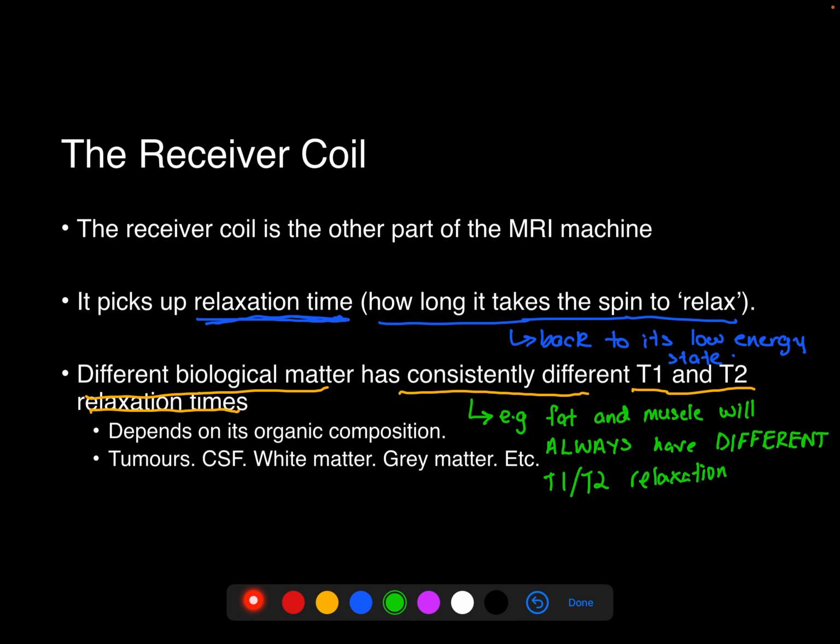And that's very important to understand. That's how the computer differentiates between different compounds. Again, this T1 or T2 relaxation time depends on the organic composition, which is different in different compounds.